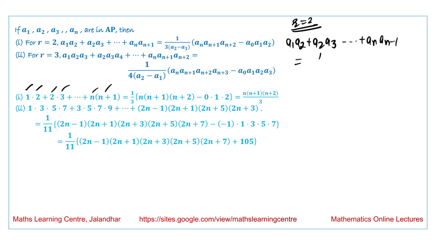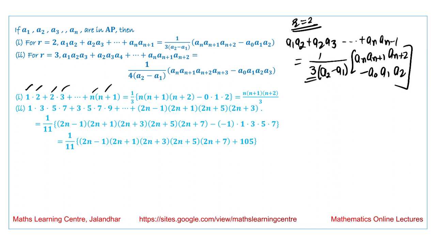The answer we have seen is 1 over 3 into a2 minus a1 into an plus 1 an plus 2 minus a naught a1 a2. We have the formula, it is 1 over r plus 1. R plus 1 is 3 over here. Then it is a2 minus a1, and then we have Vn minus V naught. In Vn and V naught we have added an extra term over here. These are the two terms that we have added extra.